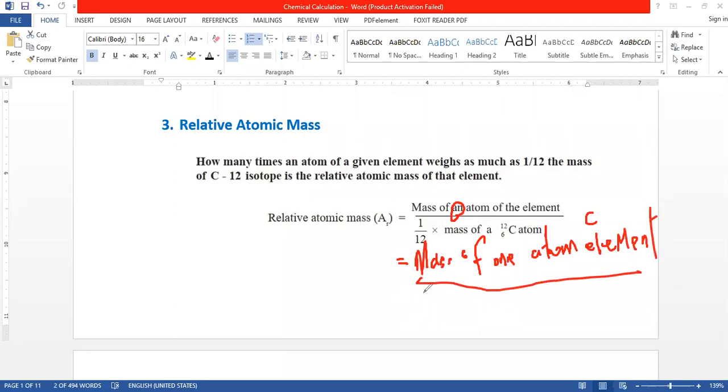1/12 times the mass of a carbon atom. You don't need this one. This class is not about the theory. Please understand, I will go for questions, but for your easiness I'm explaining this.